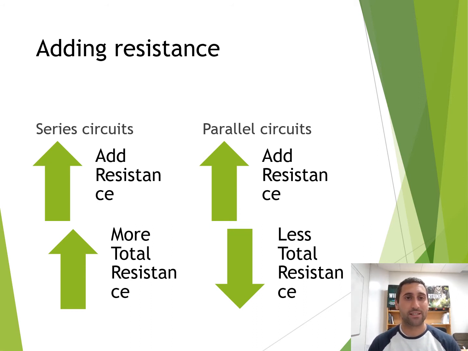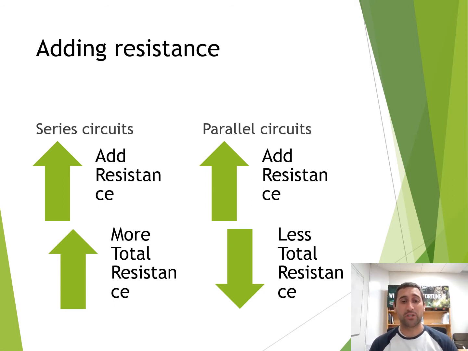Now let's get to resistance. When we're adding resistance in a series circuit, the more resistors we add, the larger our total resistance. But in parallel circuits, that's not the case. The more resistors we add, the more that lessens our total resistance, because as our current draw increases, our total resistive value decreases, since our voltage remains constant.